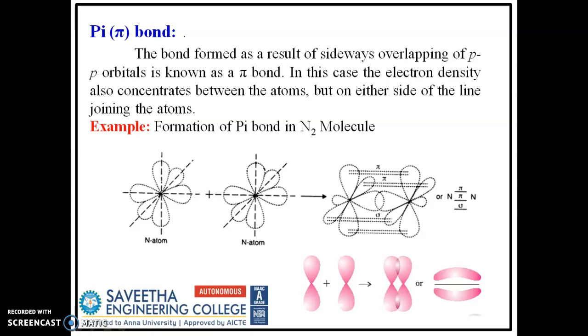That is, two electrons coming from 2px orbitals axially overlap and form the sigma bond, and the other two pi bonds are formed by the sidewise overlapping of 2py orbitals and 2pz orbitals in the nitrogen molecule.